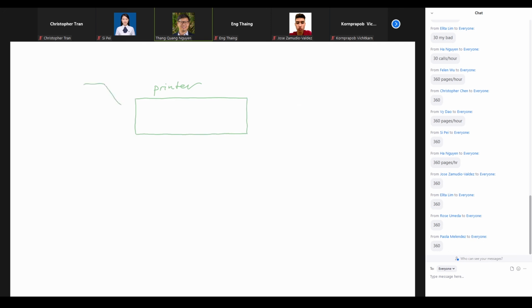We have plenty of paper inventory, so I purposefully draw the input rate to be quite big. That's the process capacity of 360. This is 1,000.